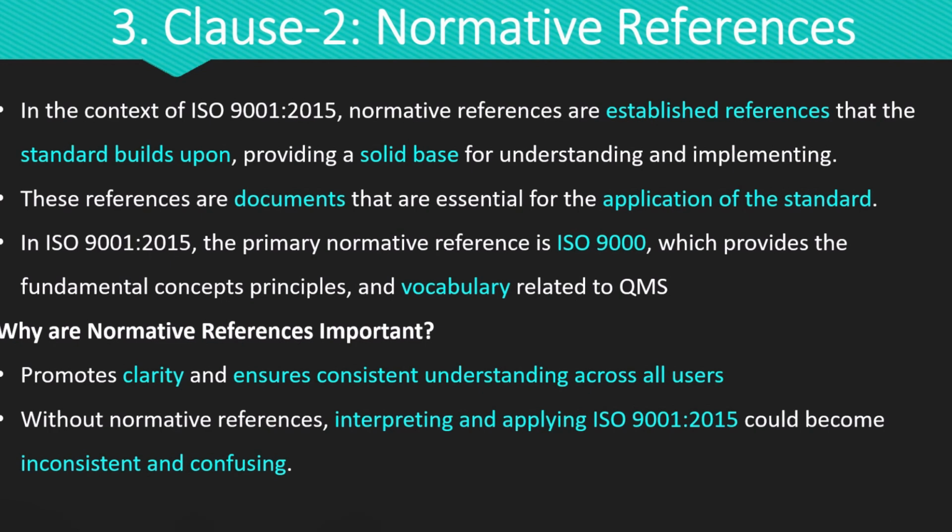In ISO 9001:2015, the primary normative reference is ISO 9000, which provides the fundamental concepts, principles, and vocabulary related to the quality management system. Normative references are important because they promote clarity and ensure consistent understanding across all the users of the standard. Without normative references, interpreting and applying ISO 9001:2015 could become inconsistent and confusing.